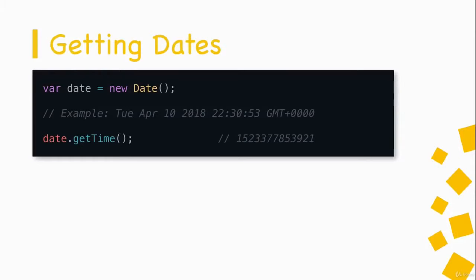And in this case, this is actually about 1.5 trillion milliseconds since the Unix epoch. So if you have a date object, you can use the getTime method in order to convert the date into the number of milliseconds since the Unix epoch. But there are a lot of other methods available as well. So using the same date object from the previous example, let's take a look at a few more of them.